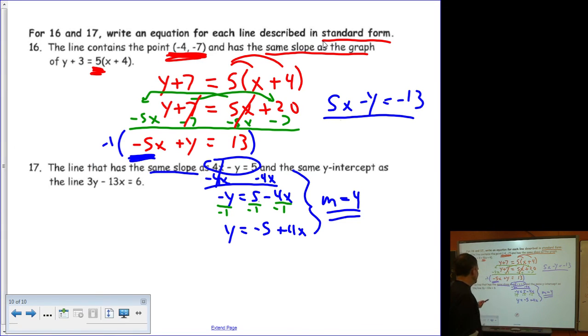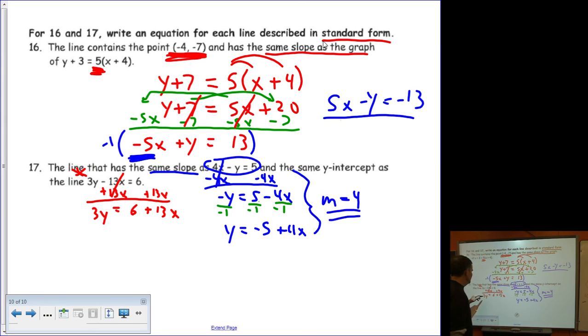I also need to have the same y-intercept as this line. All right, so I'm going to go ahead and put this equation in slope-intercept form. I'm going to add 13x to both sides, giving me 3y equals 6 plus 13x.